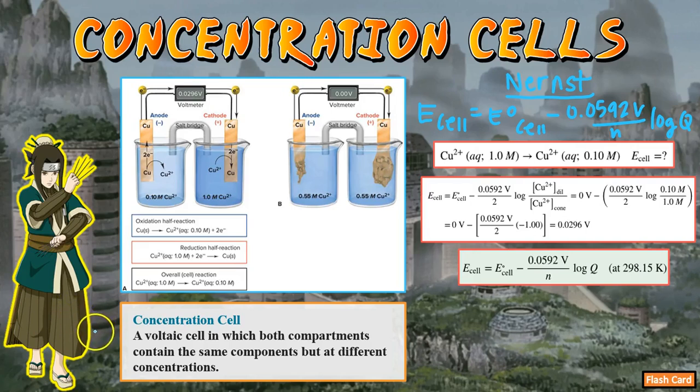They state, mixing concentrated and dilute solutions create an intermediate concentration. And a concentration cell is a voltaic cell that utilizes different concentrations of species in the same half reaction in separate cells. Another way to say that is it is a voltaic cell in which both compartments contain the same components but at different concentrations.